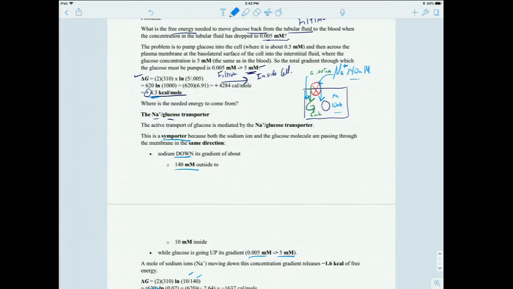You also may remember from freshman courses that a membrane has a voltage potential across it, and typically the inside of a cell is about 70 millivolts relative to the outside of the cell. In other words, there's a minus 70 millivolt difference. Inside the cell is negative relative to outside the cell if we're talking membranes.